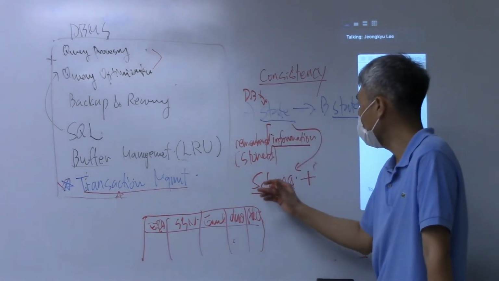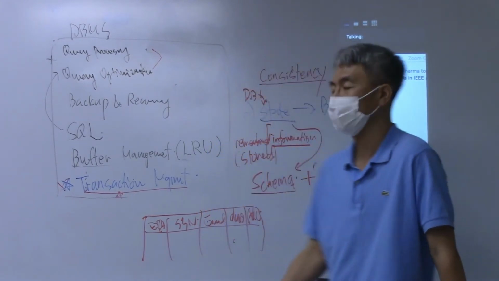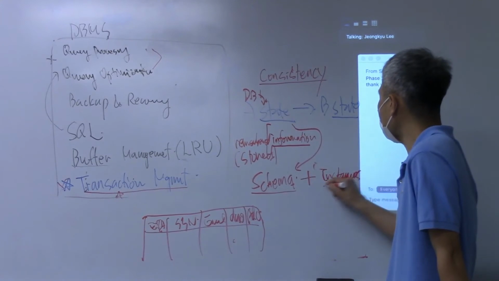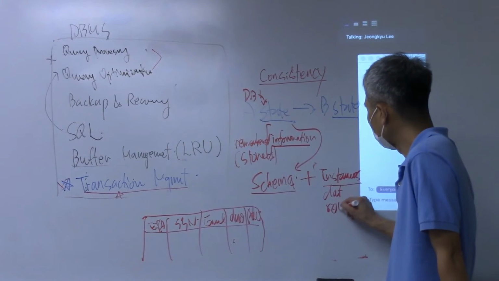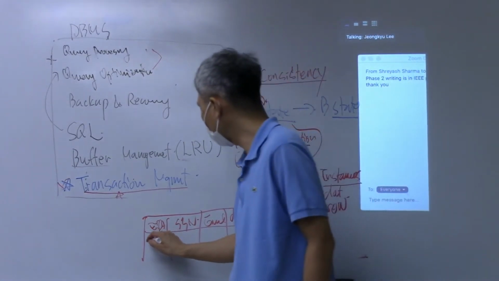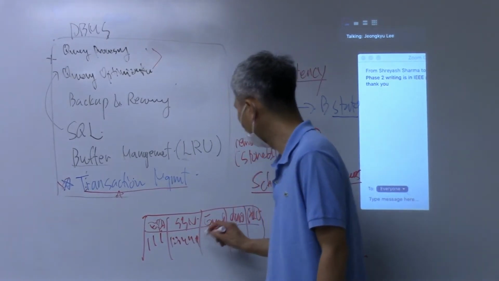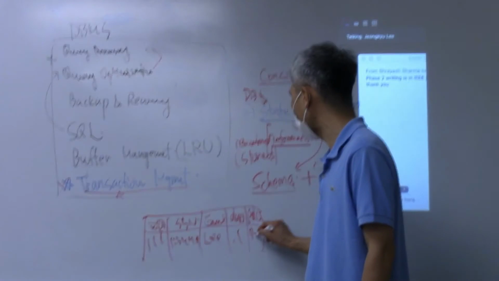database state means schema and what else? Instances. So what do instances mean? Data. What rows? For example, EID is 111, social security number 1, 2, 3, 4, 5, 6, 7, 8, 9, the e-name is Reed, DNO is 1, address is Bridgeport.